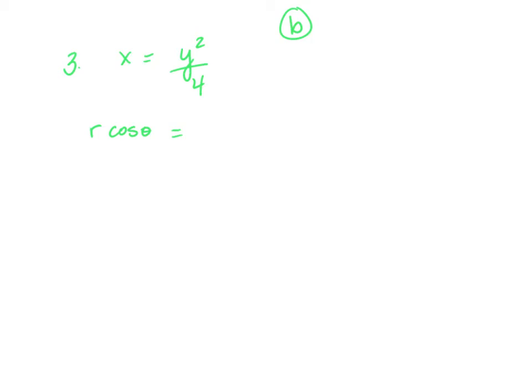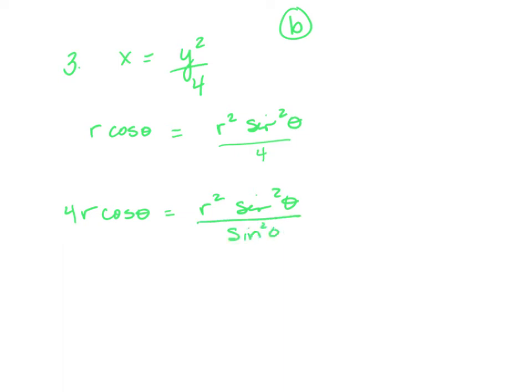And y is r sine of theta, so y squared is r squared sine squared of theta. So now I'm going to leave the r squared pretty much alone, and I'm going to say that 4r cosine of theta equals r squared sine squared of theta. And if I want to leave the r squared alone, I'm going to divide by sine squared of theta.